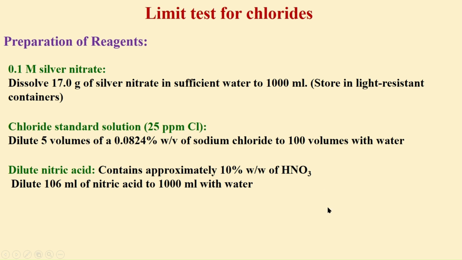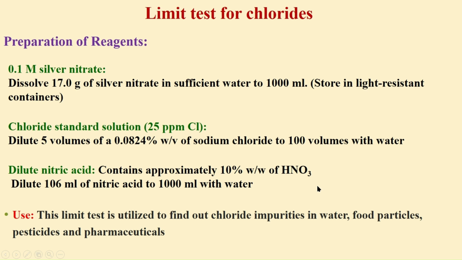The density of nitric acid is 1.06. If I take 106 ml, it gives 100 grams. That's why instead of taking 100 grams, I take 106 ml of nitric acid and dilute to 1000 ml with water. I'll get 10% weight by weight of nitric acid.